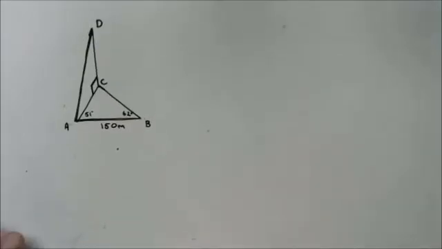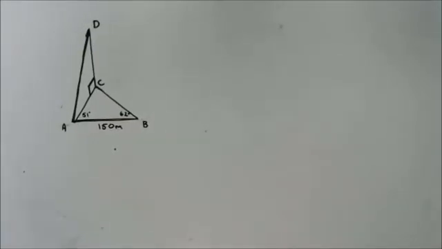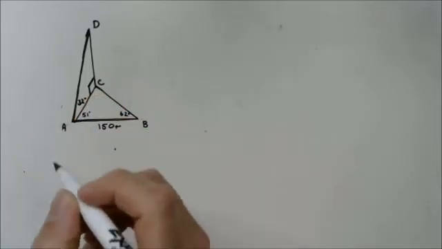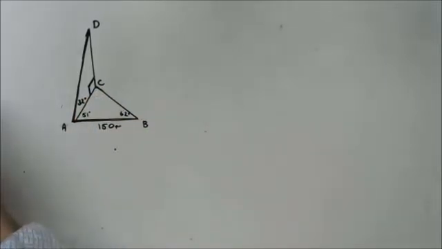Example 2, you have the diagram there in front of you. I've gone ahead and drawn mine, just so I have something to talk about. A surveyor is on one side of a river. On the other side is a cliff. We do not know the height of the cliff. The surveyor wants to know the height of the cliff. The surveyor lays out a baseline, AB, on the same side of the river that she is on. It's 150 meters.